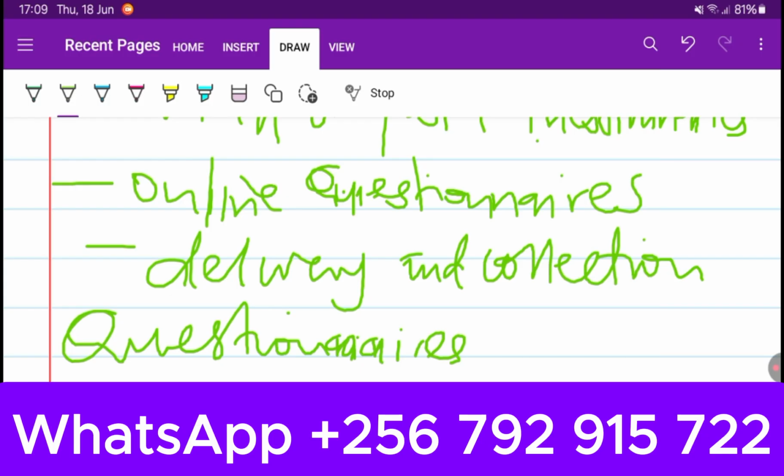The respondents fill the questions, then they call you and you go back and pick the filled or answered questions. So that is one of the types of questionnaires, the self-administered questionnaires.